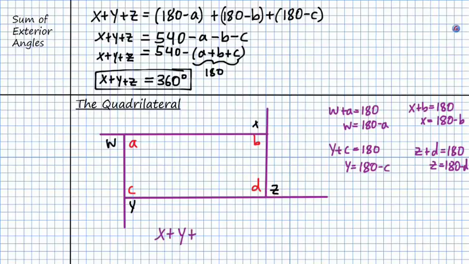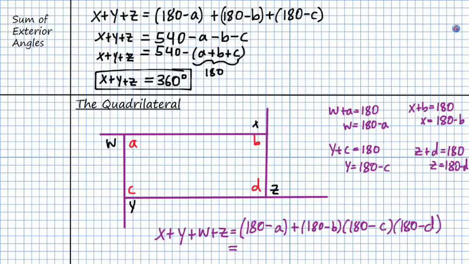So we see that when we go to actually add all of these together, when I say W plus X plus Y plus Z, we can say that that is going to be equal to, and I'm just going to go ahead and truncate this, 180 minus A, then 180 minus B, then 180 minus C, and 180 minus D. So then we see that our sum here is going to be 180 degrees times 4, so that's going to be 720 minus A minus B minus C minus D. However, what we see is that the sum of the interior angles is going to be equal to n minus 2 times 180, or for a quadrilateral, that's going to be 360 degrees.